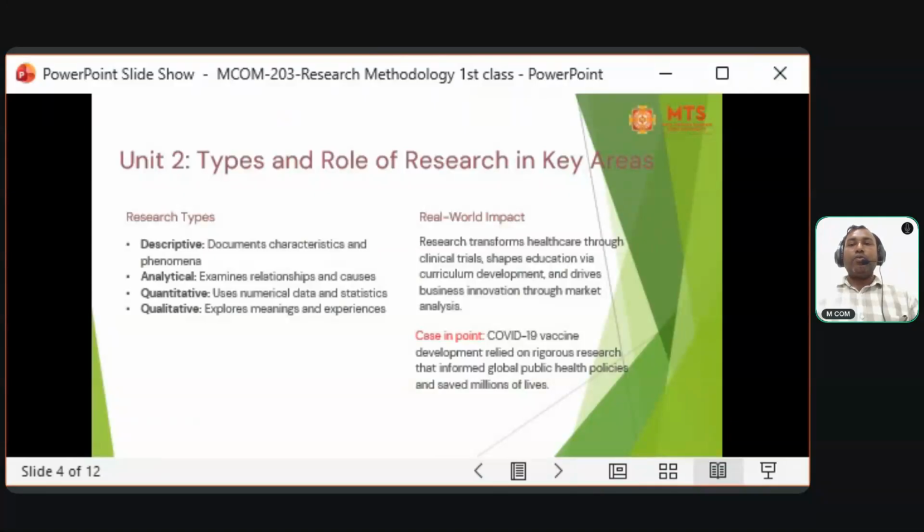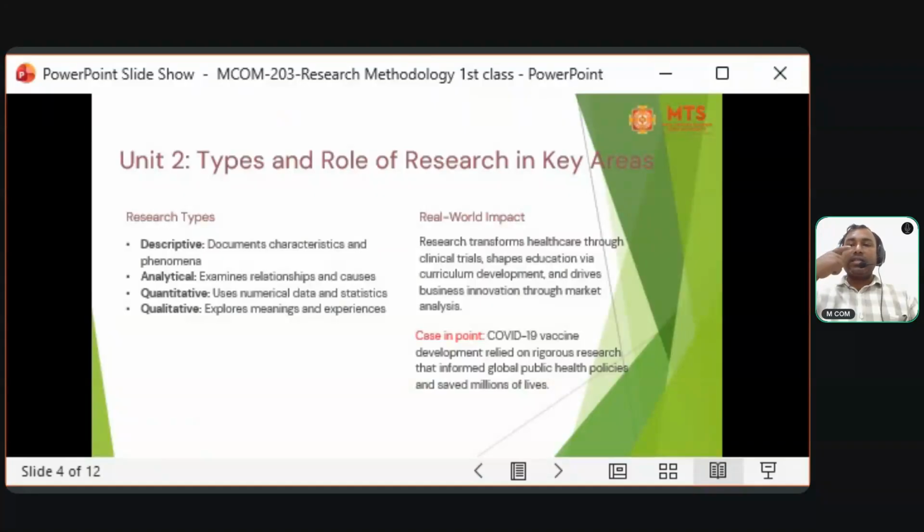Descriptive documents characteristics and phenomena. Analytical examines relationships and causes. Quantitative uses numerical data and statistics, and qualitative explores meanings and experiences.